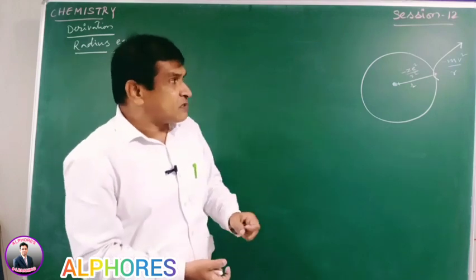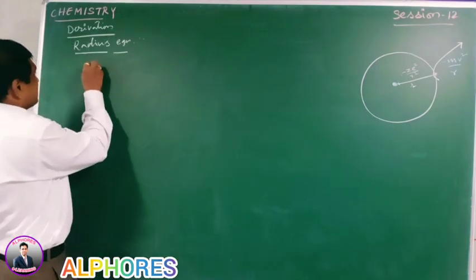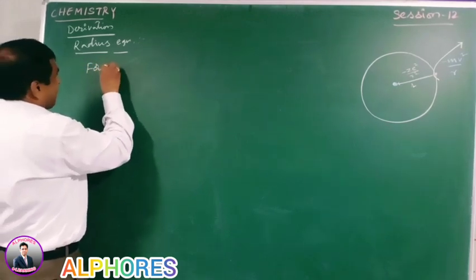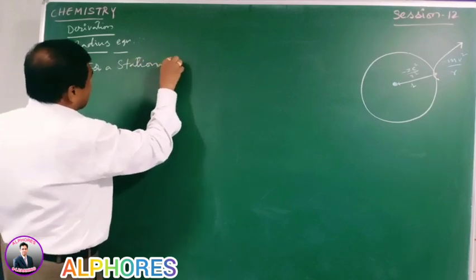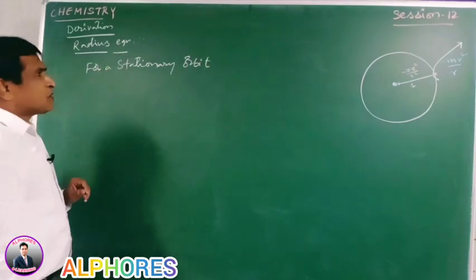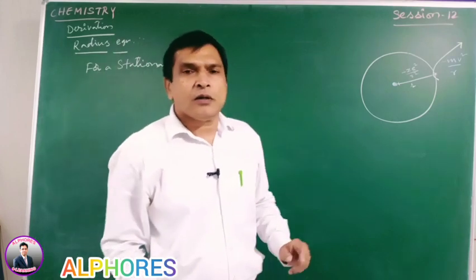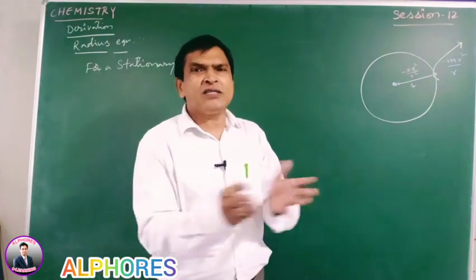What is the meaning of a stationary orbit? It means that as long as the electron is revolving around the nucleus, it neither loses energy nor gains energy.